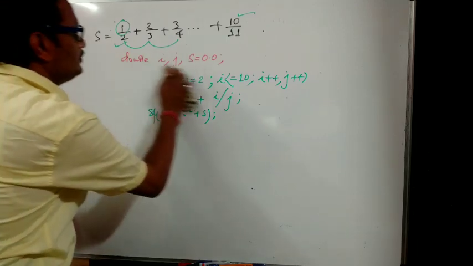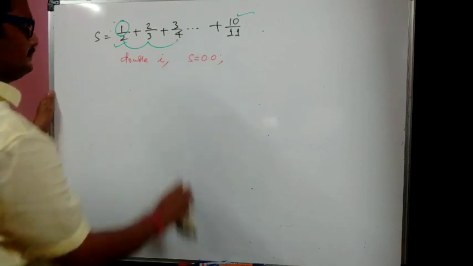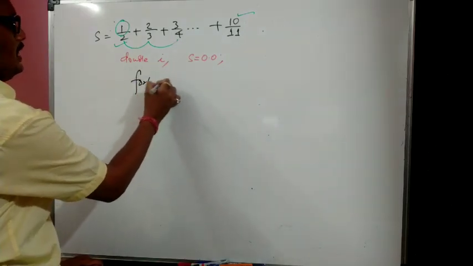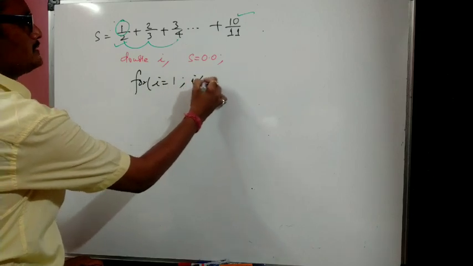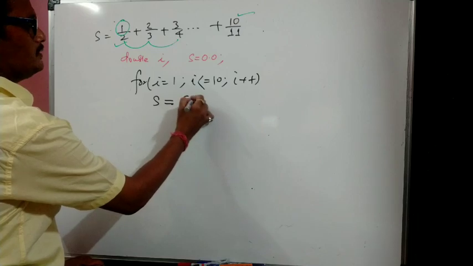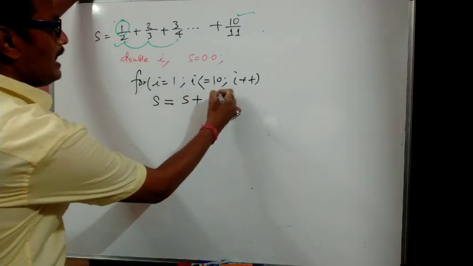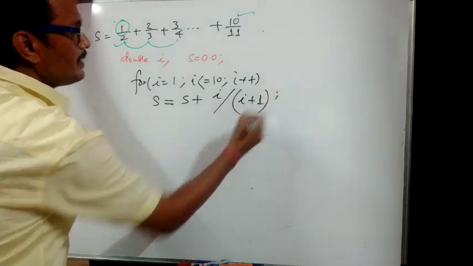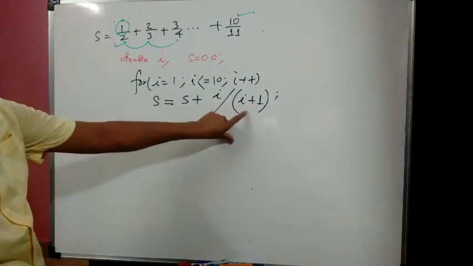For that, what you have to write? No need of j. Then you write here for i is equal to 1, i less than or equal to 10, and i plus plus. And here will be s equal to s plus i by (i plus 1), and this will be within brackets. That is compulsory.